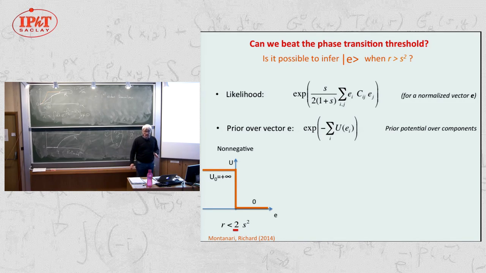Okay, so that means you need half the number of samples you would need if you knew nothing about the fact that all the components are positive. So that helps. It decreases by a factor 2 the number of samples needed.